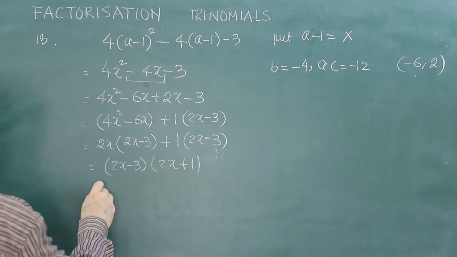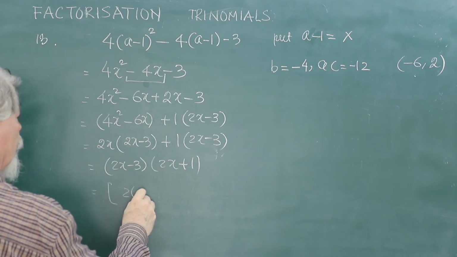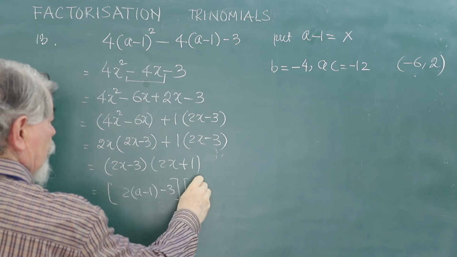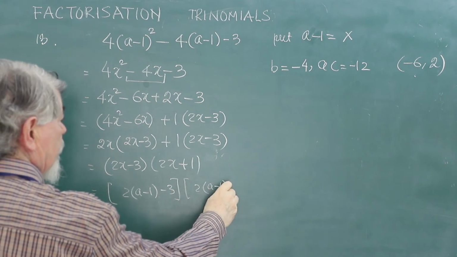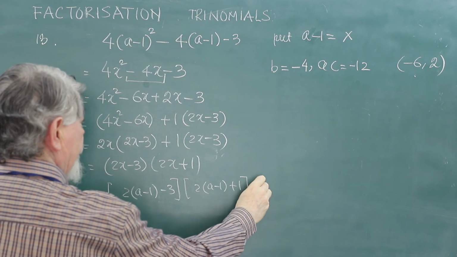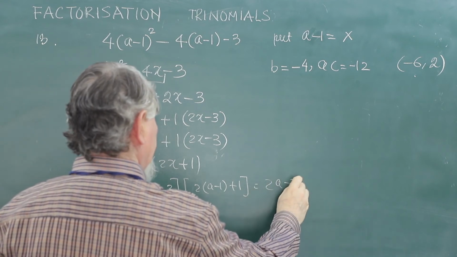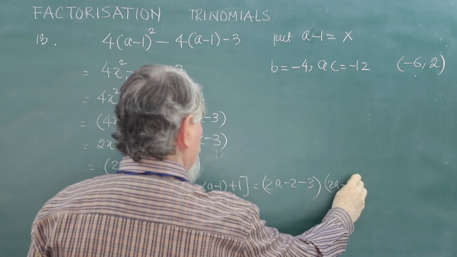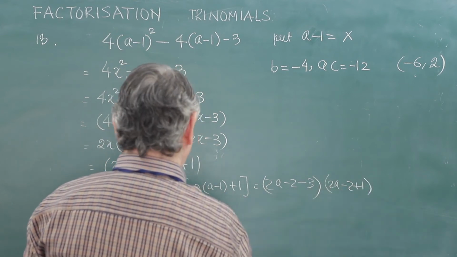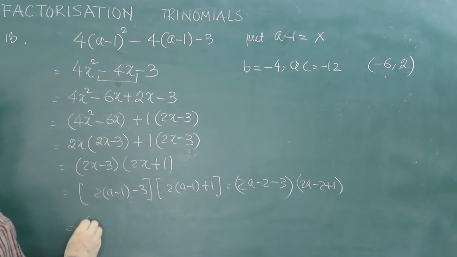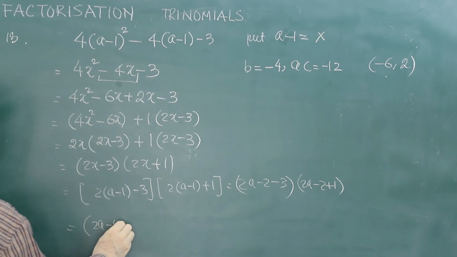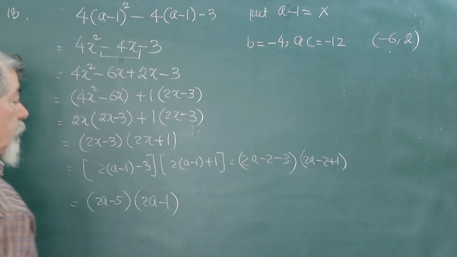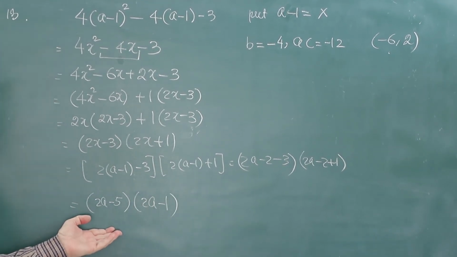So where x is there, I'll write a minus 1. 2(a minus 1) minus 3, 2(a minus 1) plus 1, which will be 2a minus 2 minus 3, 2a minus 2 plus 1. And this will give you 2a minus 5 and 2a minus 1. So these are your final factorization.